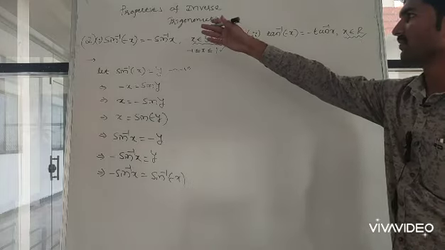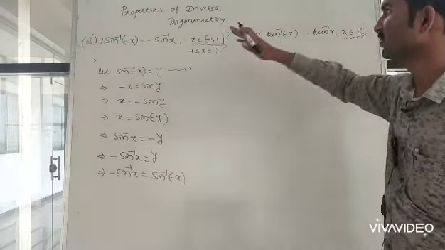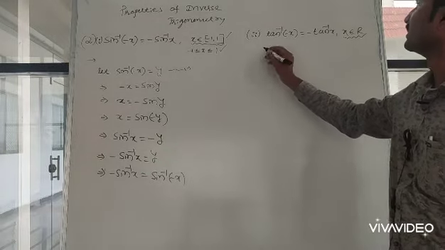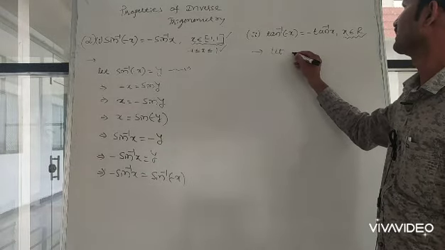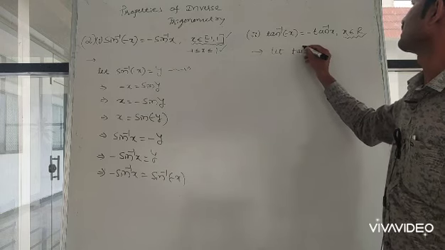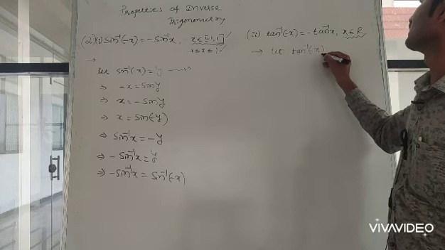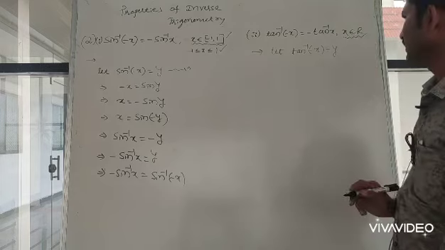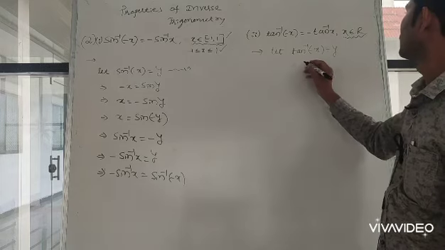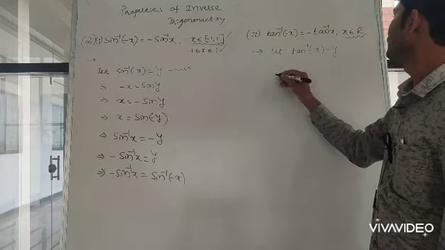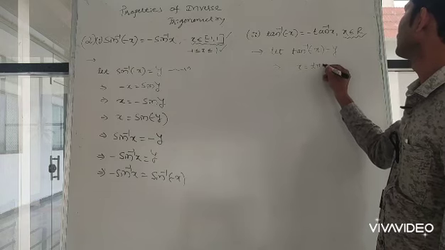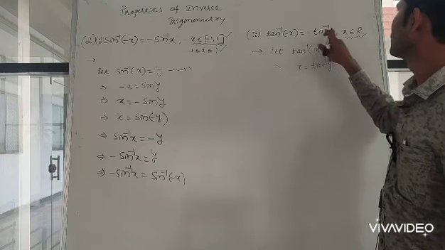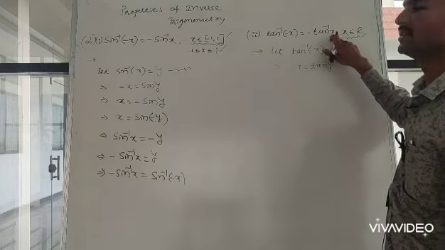So at the same time, how do you prove this one? The same procedure we need to follow here. Let tan inverse of minus x is equal to y, which implies minus x is equal to tan y. Because here we require positive x inside, right?